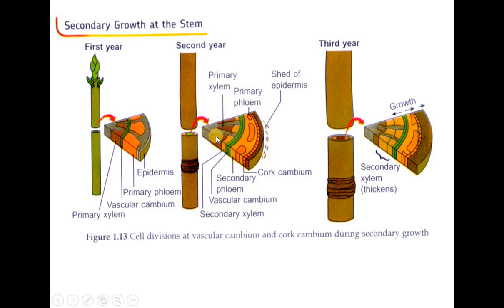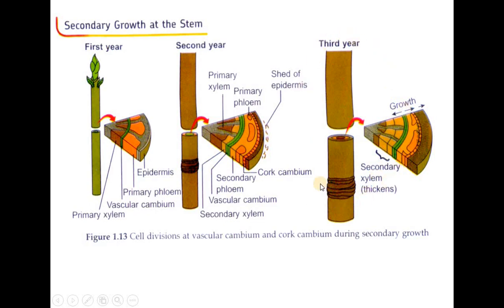And here, the vascular cambium also produces new phloem cells, called secondary phloem. And this is the primary phloem. The cork cambium here will also produce new cells.